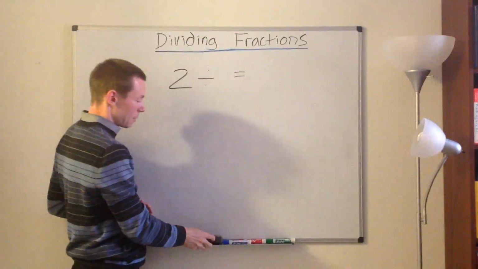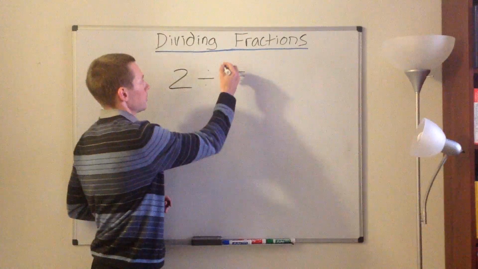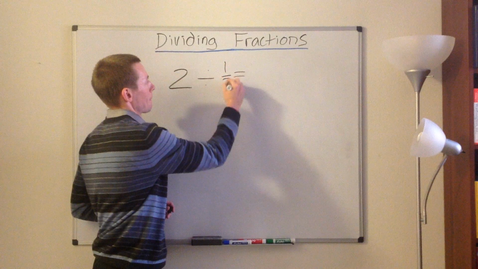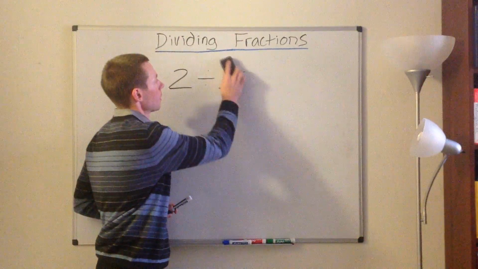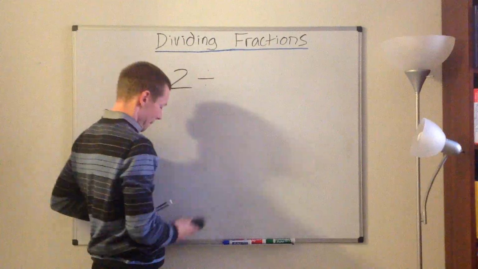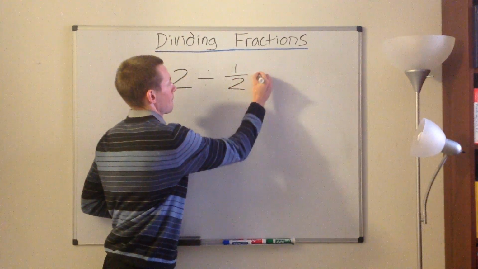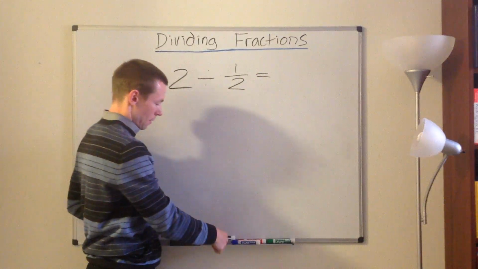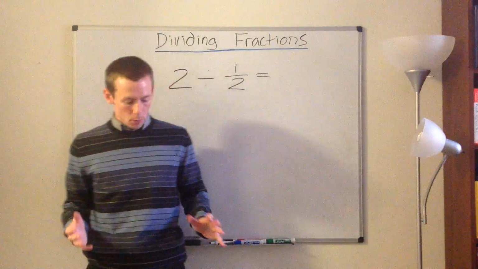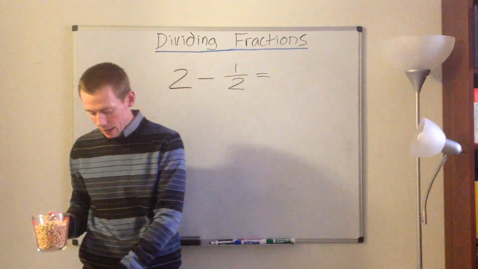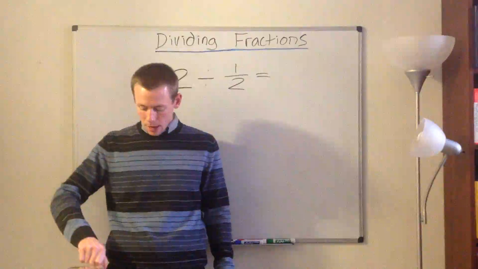So 2 divided by 1/2. I'm going to pour this back in, remove my 1 cup, put that to the side, and pour my Cheerios back in.